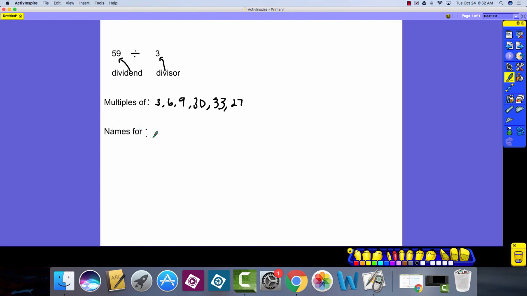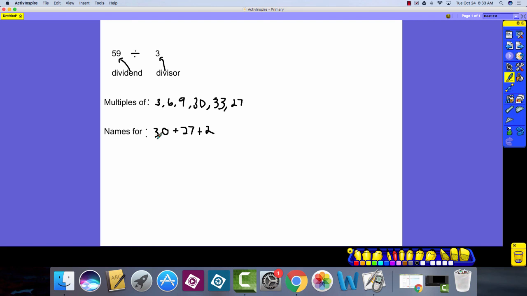So maybe some names for 59. How can I break 59? Well, I could do 30 plus 27. That gets me to 57. And then I need to add 2 more to get to 59. So 30 plus 27 plus 2 is 59 still.